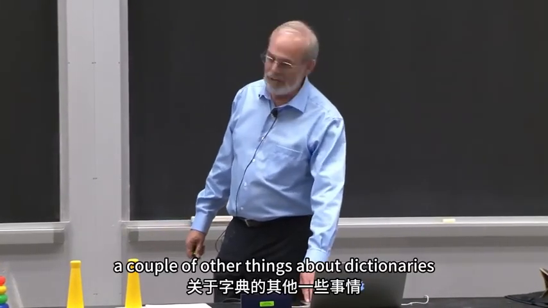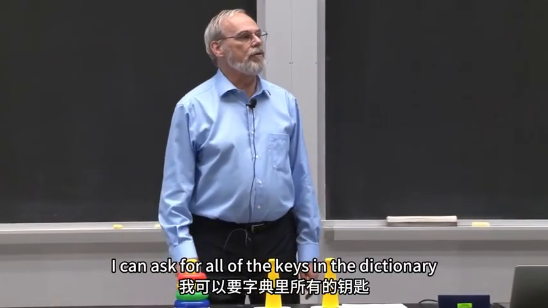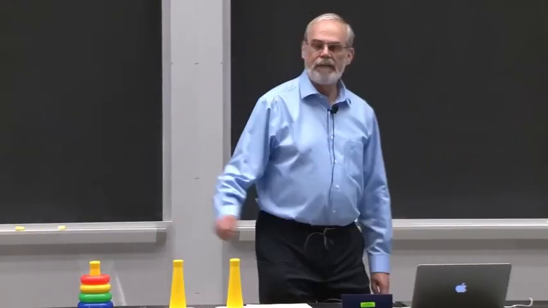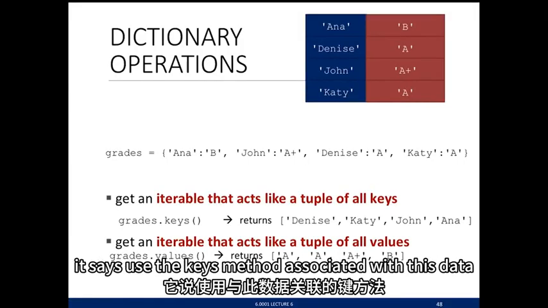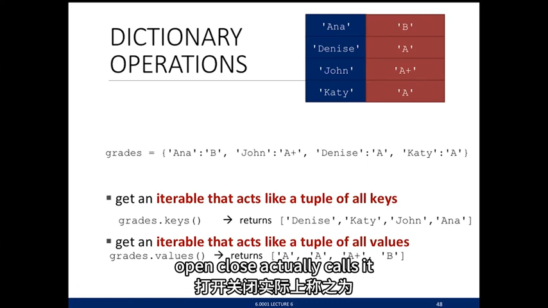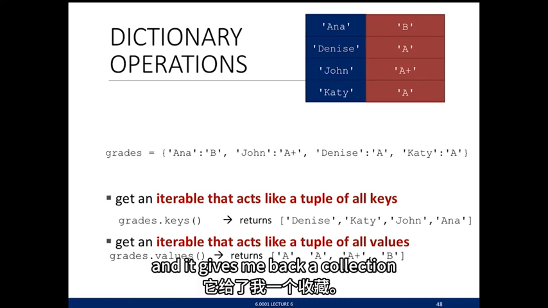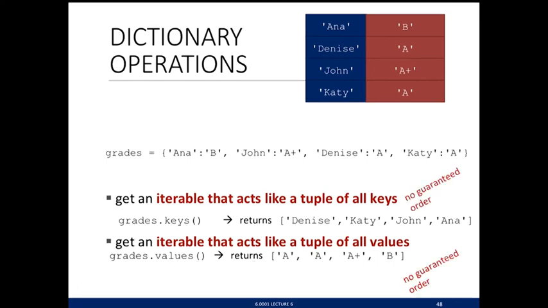Let me show you a couple of other things about dictionaries. I can ask for all of the keys in the dictionary. Notice the format. There's that dot notation. Grades is a dictionary. It says use the keys method associated with this data structure. Open close actually calls it, and it gives me back a collection of all the keys in some arbitrary order.